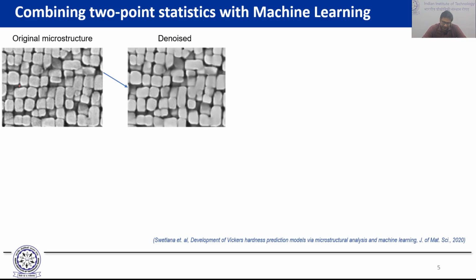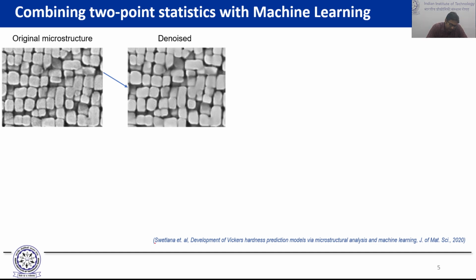By denoising, we basically get rid of some of the artifacts. Maybe if you are looking at a microstructure which has not been very well polished, maybe there's a small scratch or something. So by denoising, we are getting rid of pixel errors or small artifacts in the microstructure which do not really represent the physical features very well.